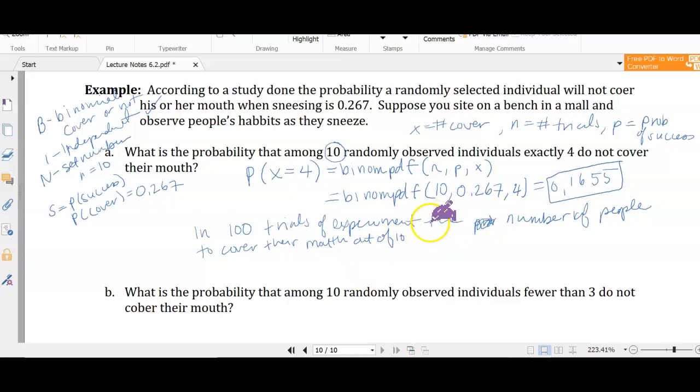Okay, in 100 trials of the experiment, 4 people will cover their mouths out of 10 people about, multiply this number by 100, 17 times. Okay.